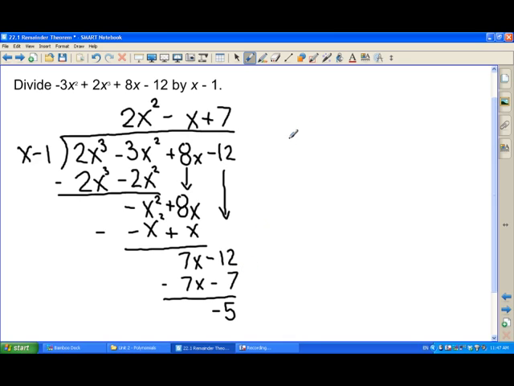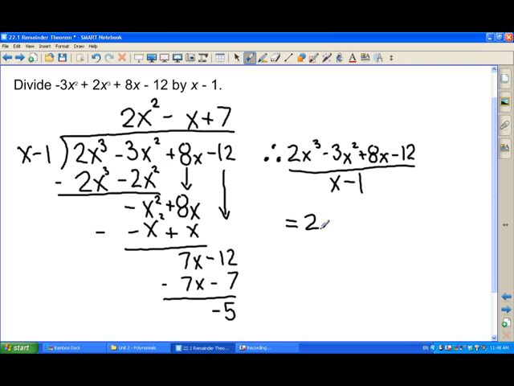If I wanted to express this properly, I would say that 2x cubed minus 3x squared plus 8x minus 12 over x minus 1, or divided by x minus 1, is equal to 2x squared minus x plus 7 minus my remainder of 5 over my divisor, x minus 1.